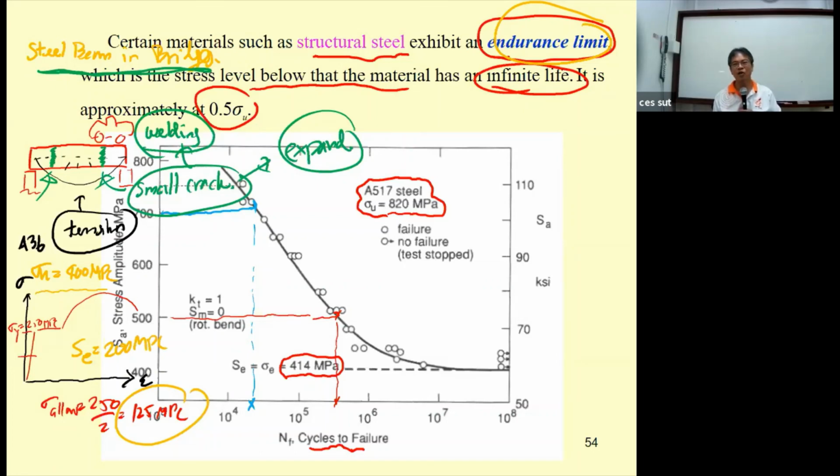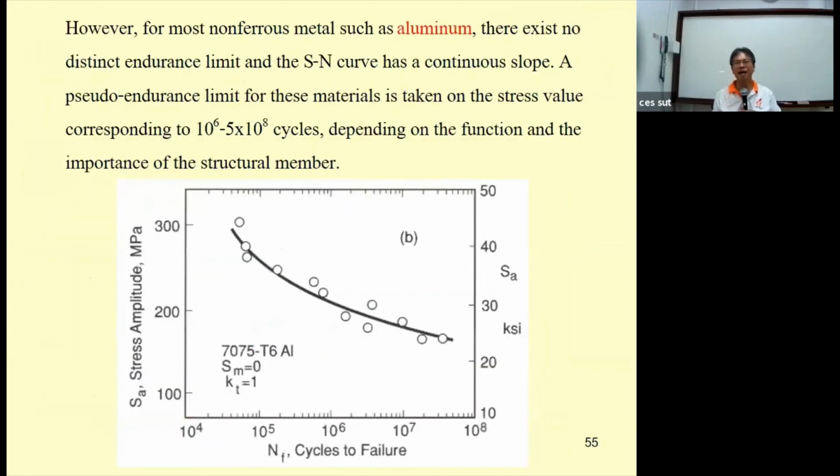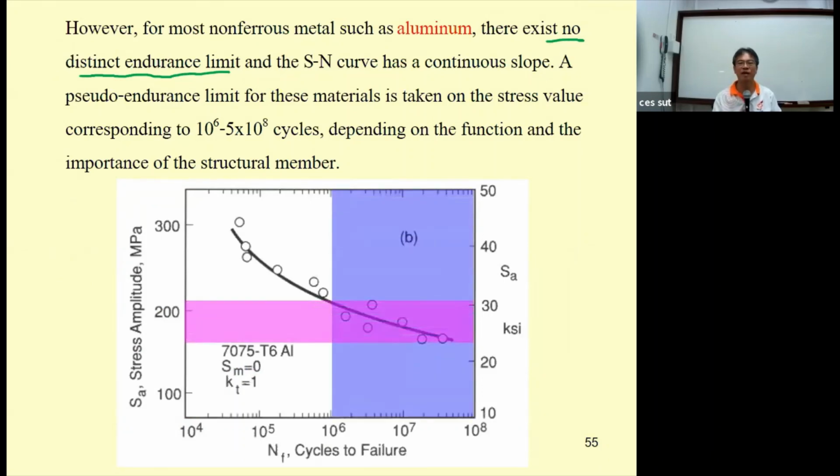Okay. For aluminum, there is no distinct endurance limit. So for aluminum, most of the time we have to specify the number of cycles that the structure is supposed to handle.